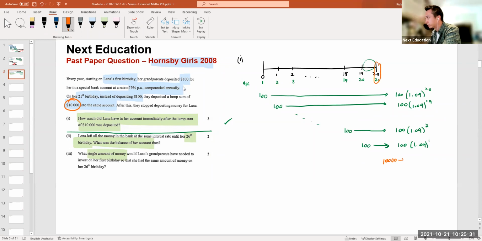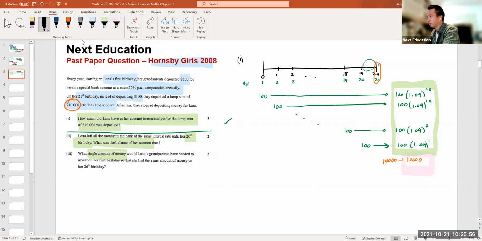So this just becomes 10,000. We don't compound that at all. It's just that at the end of the period, they put in another $10,000 and then stop. So we're going to do this in two parts. We're going to have a GP that captures all the $100 payments, and then we're going to add a $10,000 amount at the end.